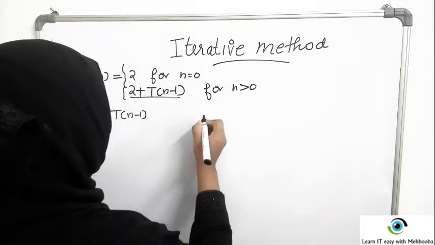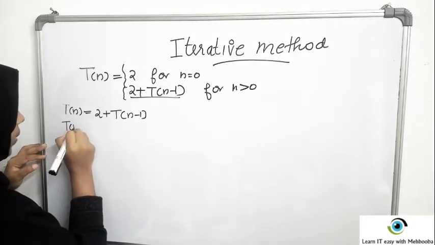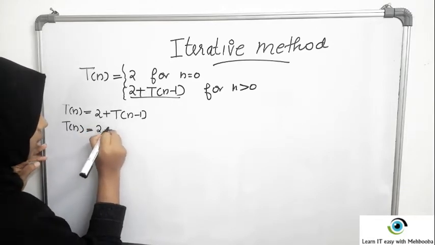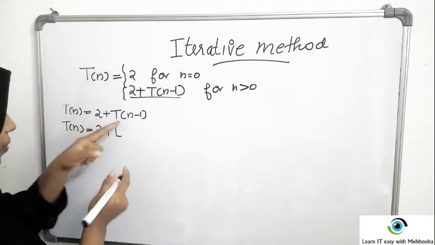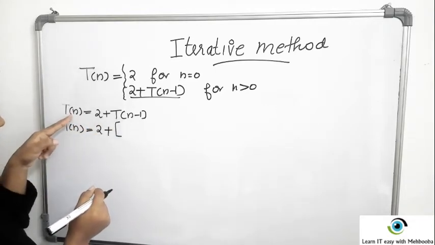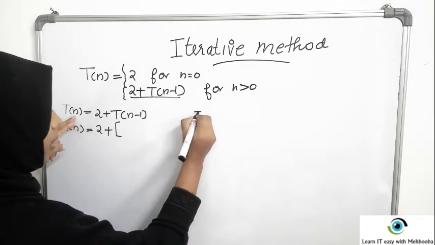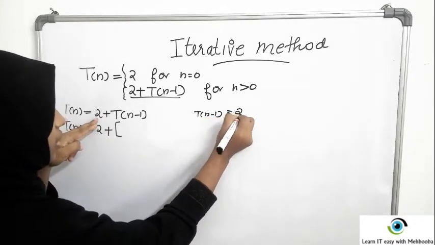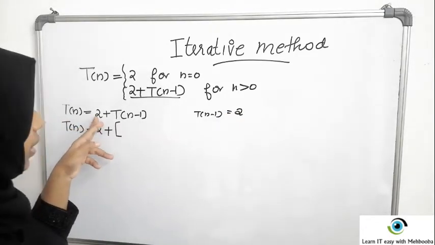In that case, T(n) can be written as 2 + T(n-1), and if we substitute for T(n-1) here, the 2 is a constant that doesn't have an n term, so it will not be affected.